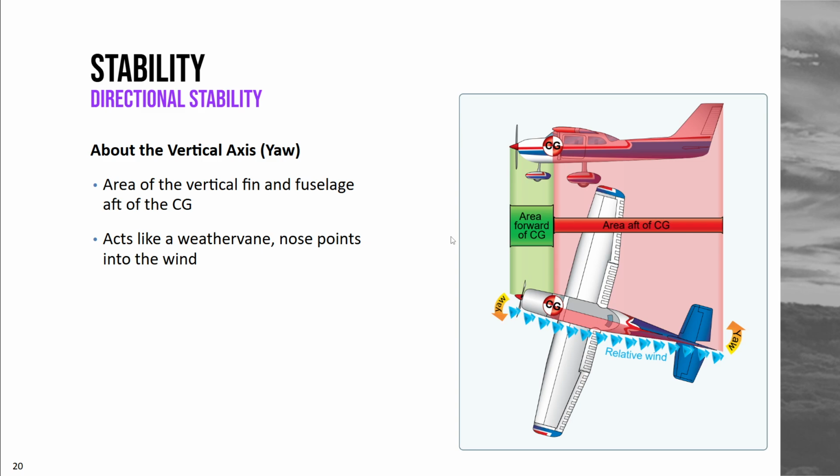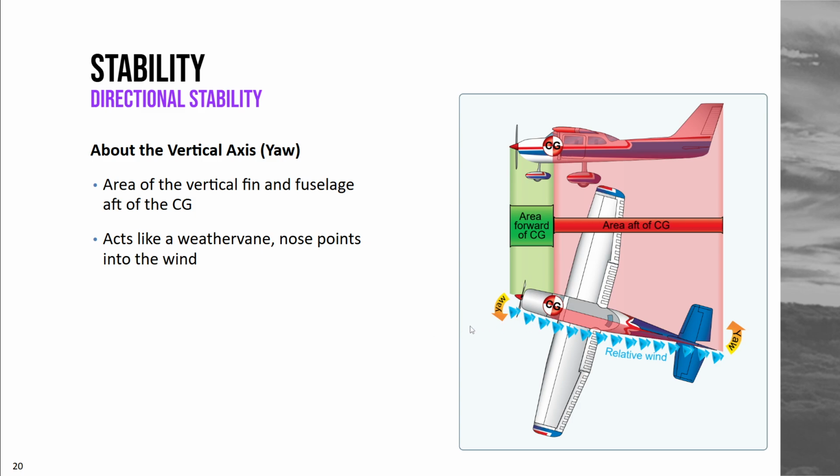Directional stability. So this is the stability most easily attained by aircraft manufacturers. Directional stability is around the vertical axis, or the yaw motion of our aircraft. All aircraft manufacturers have to do is create a larger surface area behind our center of gravity than in front, and then the aircraft itself will act like a weather vane.